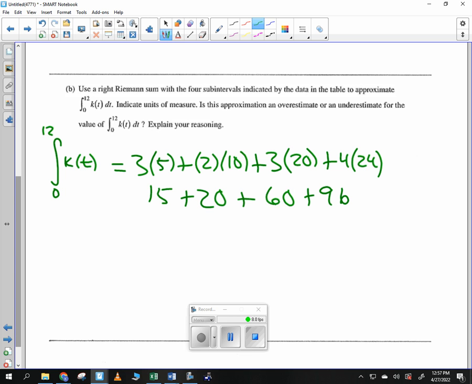So I've got 95 plus 96, and that's 191. And if I'm determining that, okay, that would be the total number of feet I've traveled.